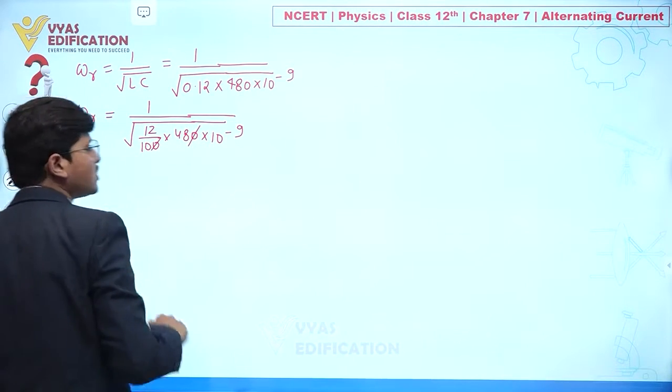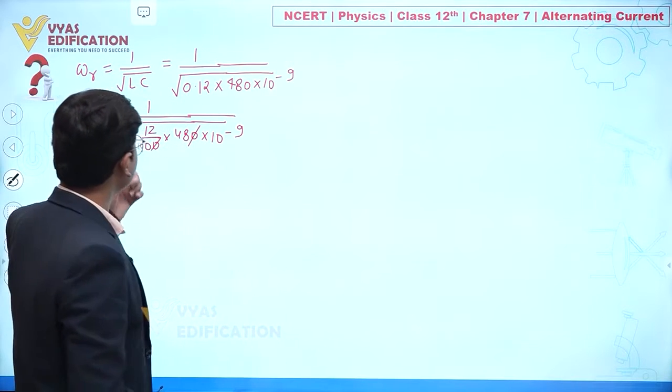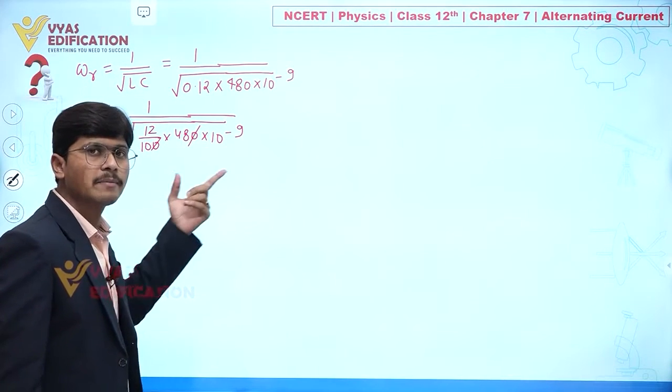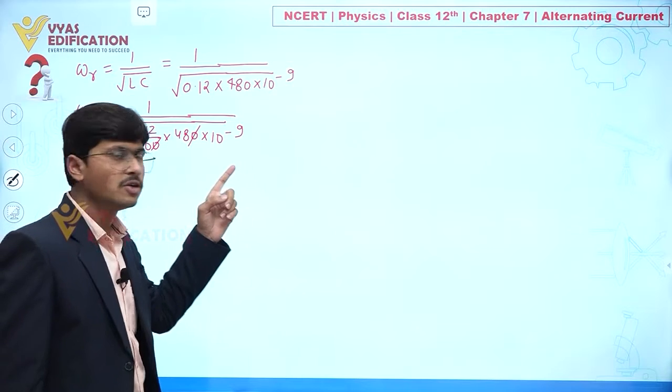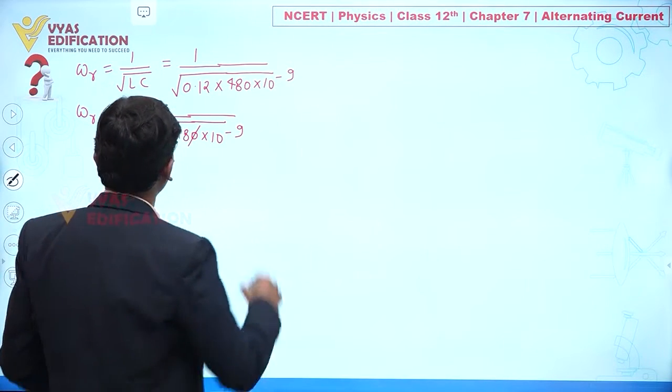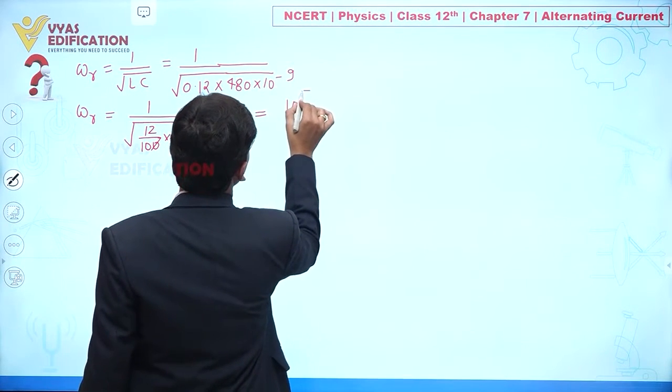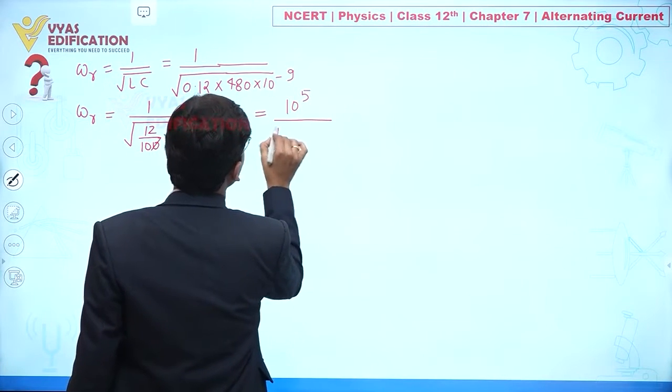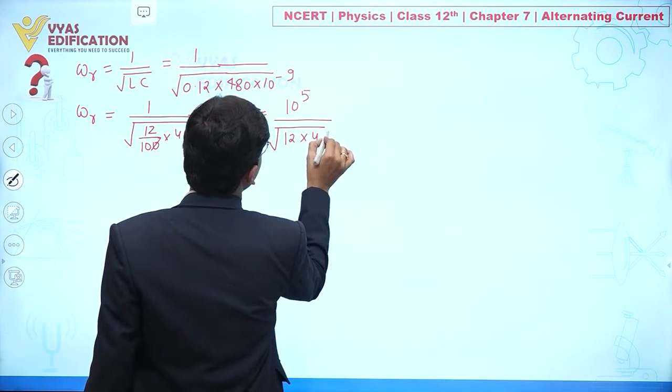This one and this one cancel out, and we get 10 to the power minus 1 and minus 9, so it becomes 10 to the power minus 10. This is equal to 10 to the power 5 divided by under root of 12 into 48.